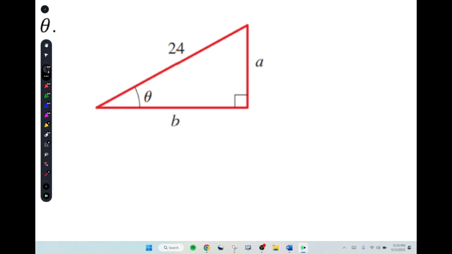What's the formula? There's not a lot of them that work, right? So how could you express A in terms of theta? We need A in it and we need theta in it. What formula has both those things?